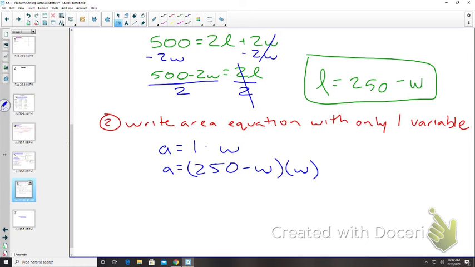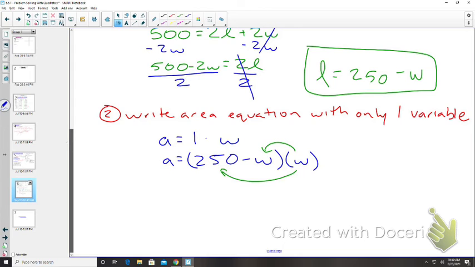Quadratics have a degree of 2. So how do I make this a quadratic? Put them together. Perfect. Okay, so I'll distribute the W in. Once I do that, I'll have A is equal to 250W minus W squared.